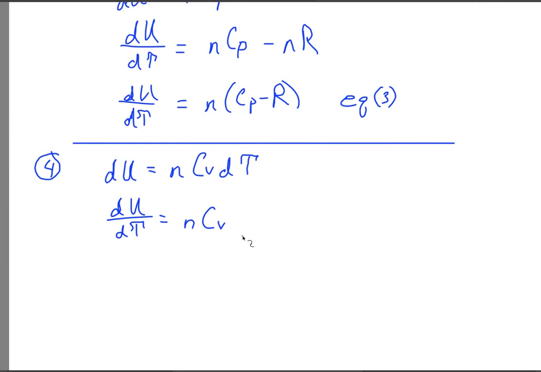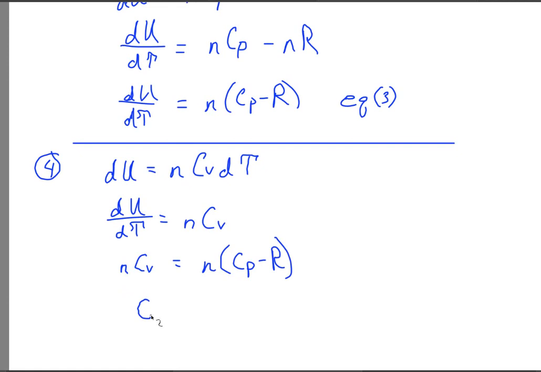Well, we have some good news. Both of these variables, dU and dT, are state variables. They do not depend on path. Therefore, it's perfectly okay to make this substitution. And so we can say that n Cv is going to be equal to n times (Cp minus R). Well, look at that.